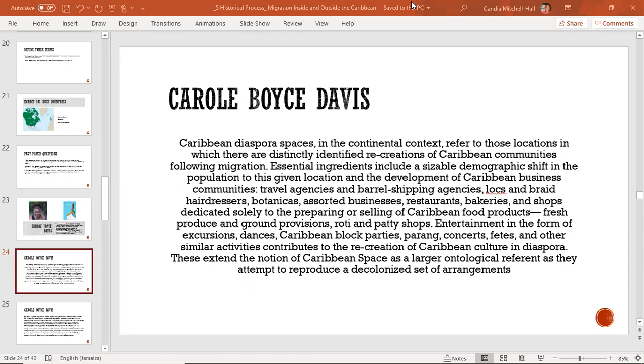Now, for our study for today, what we're going to focus on is really two places, Europe and North America, and how Caribbean people have impacted those societies.